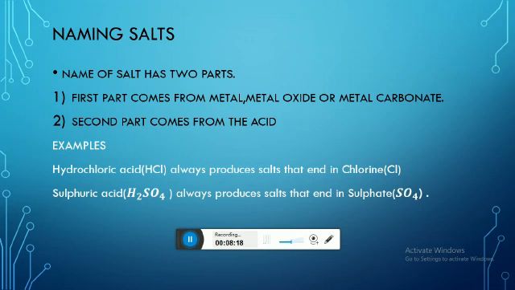And if we use sulfuric acid, H2SO4, the SO4 portion will be used, as in aluminium sulfate. Aluminium is the metal and sulfate is from sulfuric acid. So this is how we can name different salts. Another example is magnesium sulfate. Magnesium is the metal and sulfate is from sulfuric acid. So I hope you understand how we can name different salts.